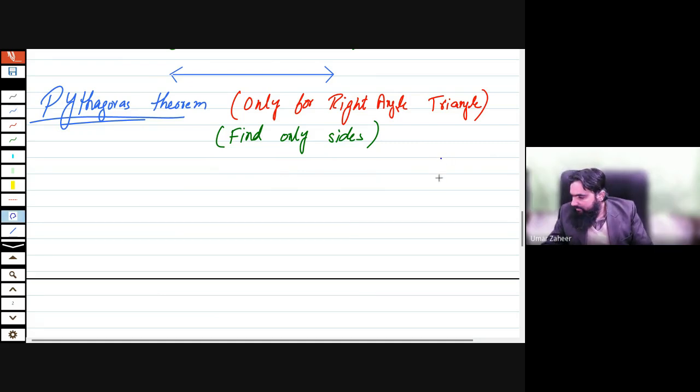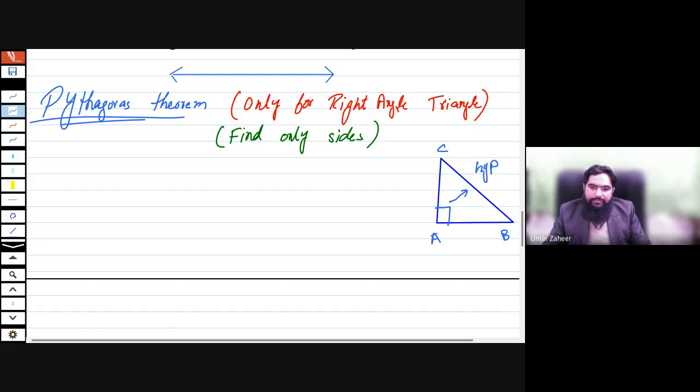Let's say it is a right angle triangle. The side that is opposite to the 90-degree angle in a right angle triangle is known as the hypotenuse.